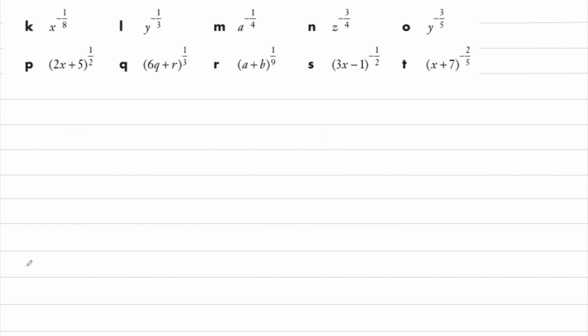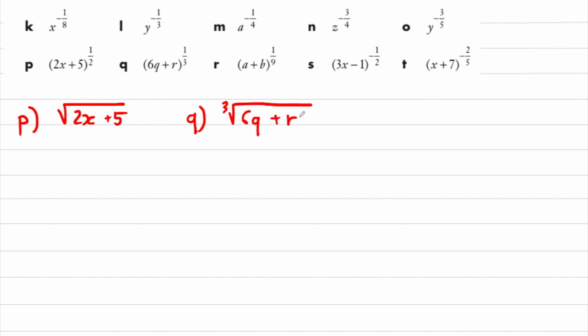Move to p. How about p? You got an expression, but the index law will be unchanged. This is square root. So you got square root of 2x plus 5. About q, you will have cube root of 6q plus r.